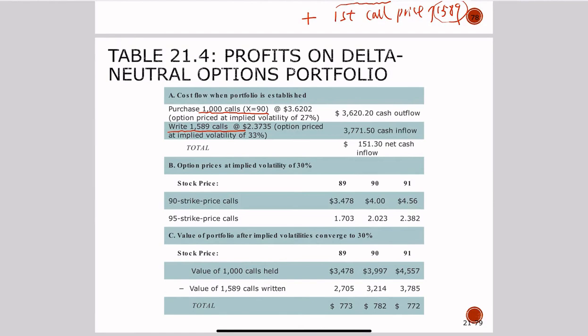You can use Black-Scholes to find the call prices, and this will give you the two cash flows. When you make a purchase, you have a cash outflow, and if you sell call options, you have a cash inflow. So in the end, you will get this $151.3 net cash flow. So you will earn this profit.